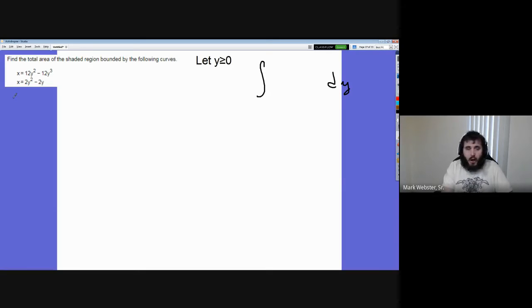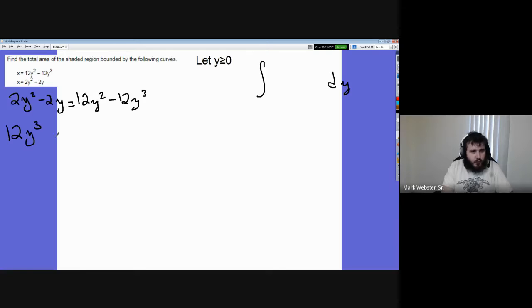So all we have to do is set these equal to each other. And I'm looking to see which one of these has the biggest exponent. That's this one. I'm going to move everything over to the other side to make sure that my biggest exponent is positive. Standard form, you know.